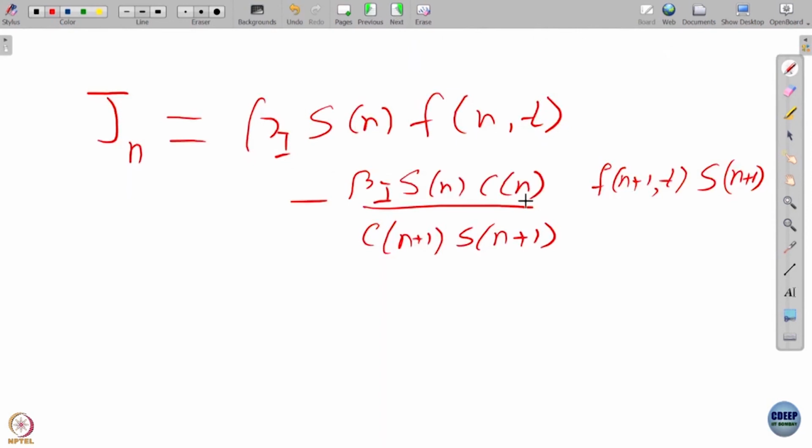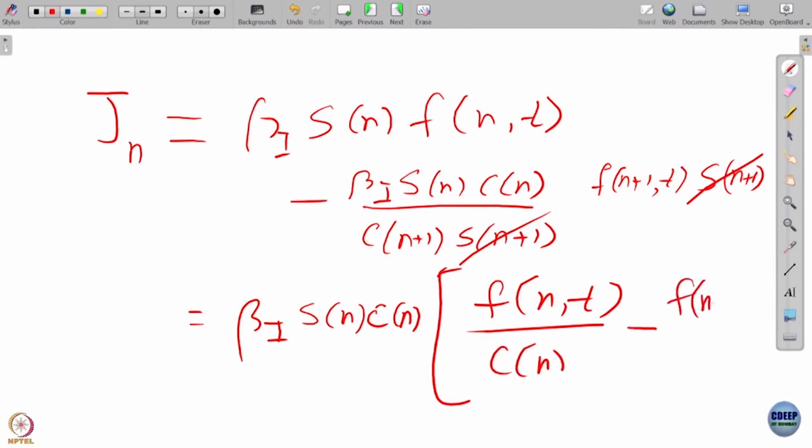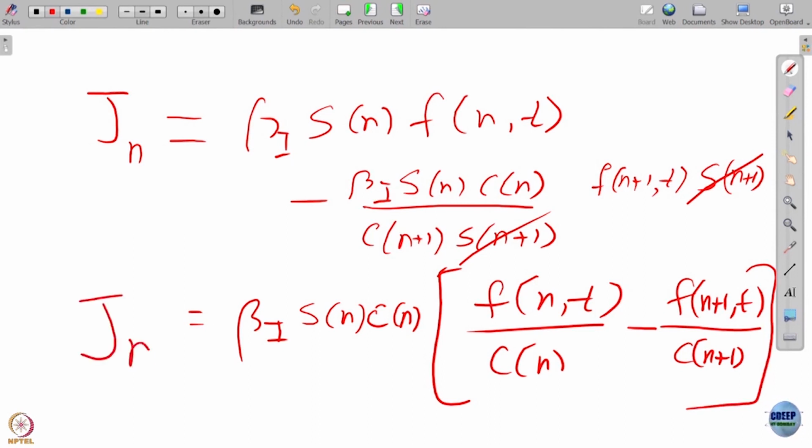Okay. So, I got this now. I notice the following thing: Sn and Sn plus 1 get cancelled and I get beta i common. So, I take beta i Sn out, I also take Cn out common, then I get Fnt by Cn minus Fn plus 1 t by Cn plus 1. So, I get this expression for Jn.